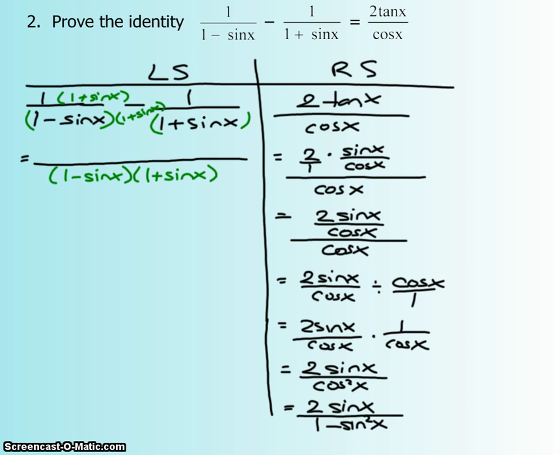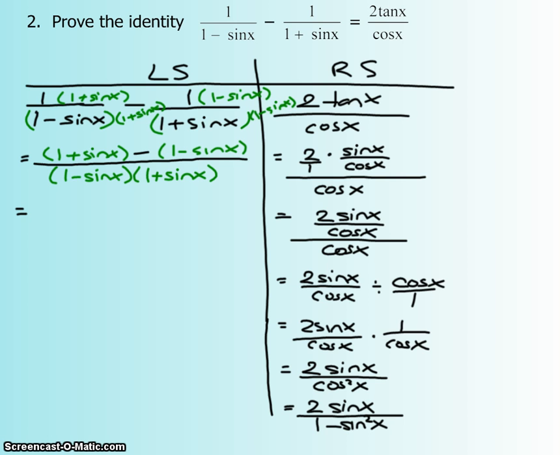Okay, and then the other one by 1 minus sine x, and then also the top. Okay, so my numerator is going to be 1 plus sine x, because once I times 1, it's just the same thing it was before, minus 1 minus sine x.